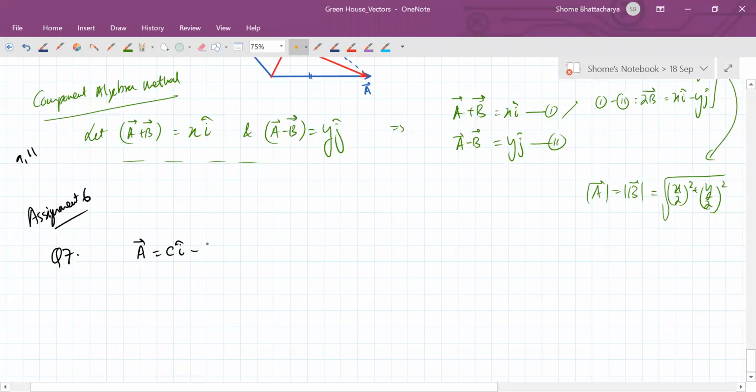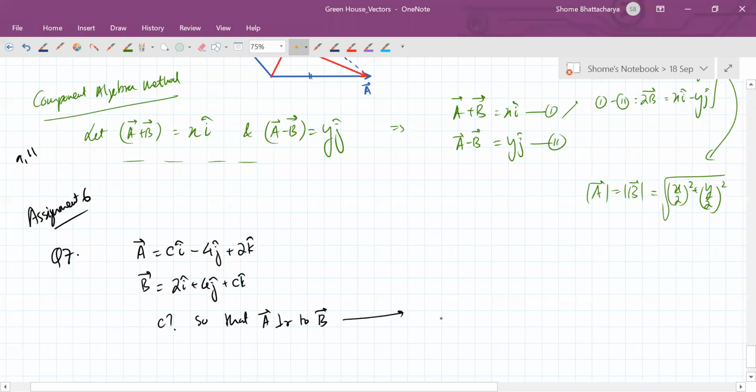There seems to be some plus minus sign problem, but anyway, we'll take it as minus 4j cap plus 2k cap, whereas the vector B is 2i cap plus 4j cap plus again that unknown quantity C k cap. Now we have to find C so that A is perpendicular to B.